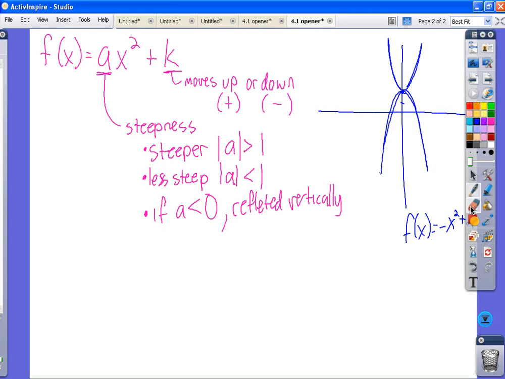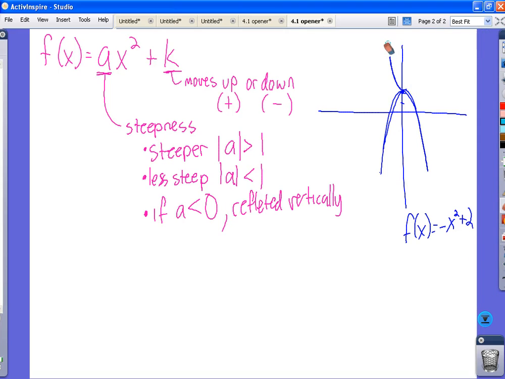Now we know that that's... now if you actually think about this, right? If you take a number and you put it in for x, like 2, and you square it, then you make it negative, right? The first thing you do is square it, then you make it negative before you ever move it up 2, right?